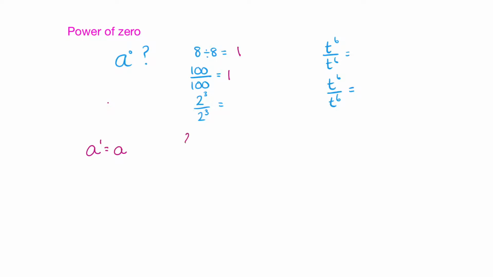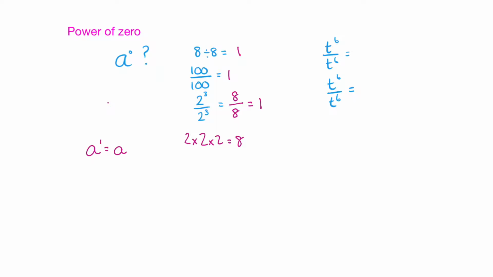Well, 2 cubed is 2 times 2, so 2 times 2 is 4, times 2 is 8. So that's 8 over 8, or 8 divided by 8, like we've got here, which is also 1.